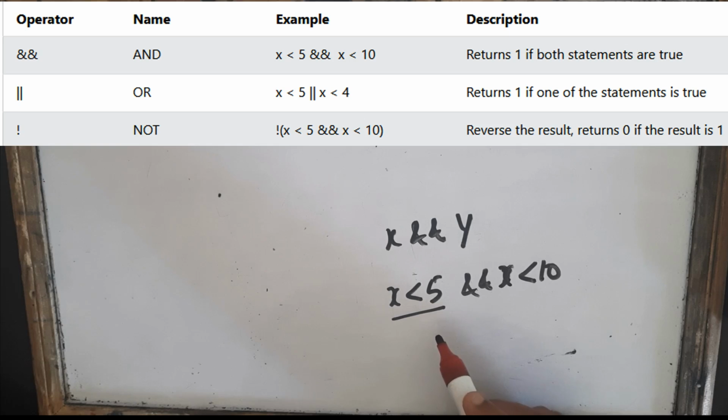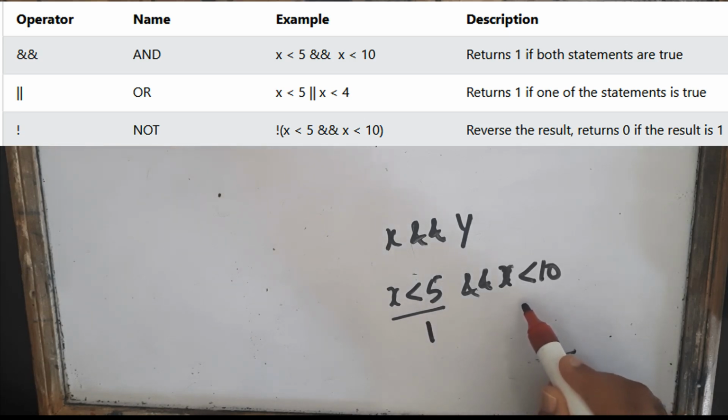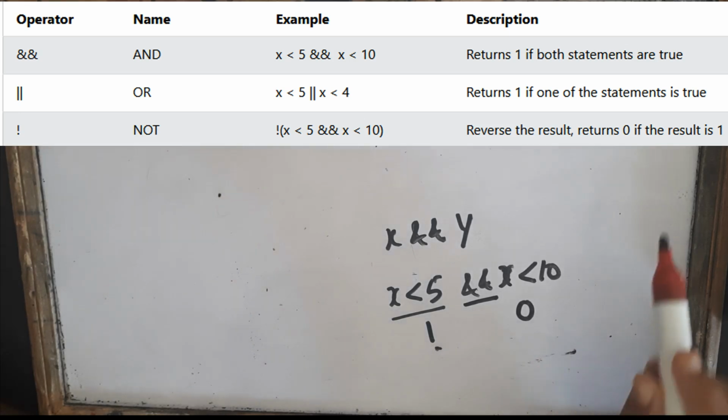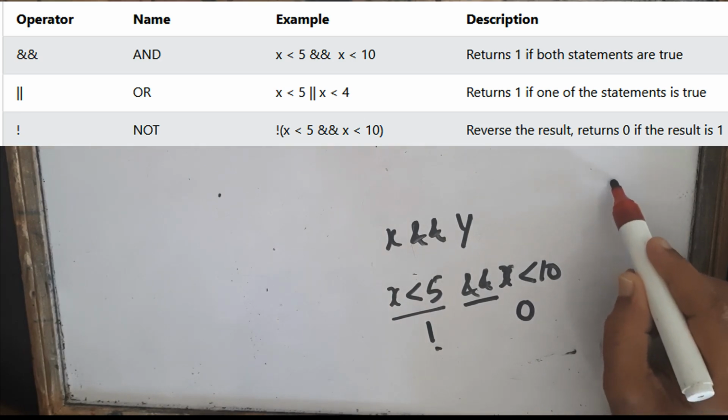Say for example, if this is 1 and this is 0, this will work as an AND operator here. If 1 and 0, you know the AND operation.